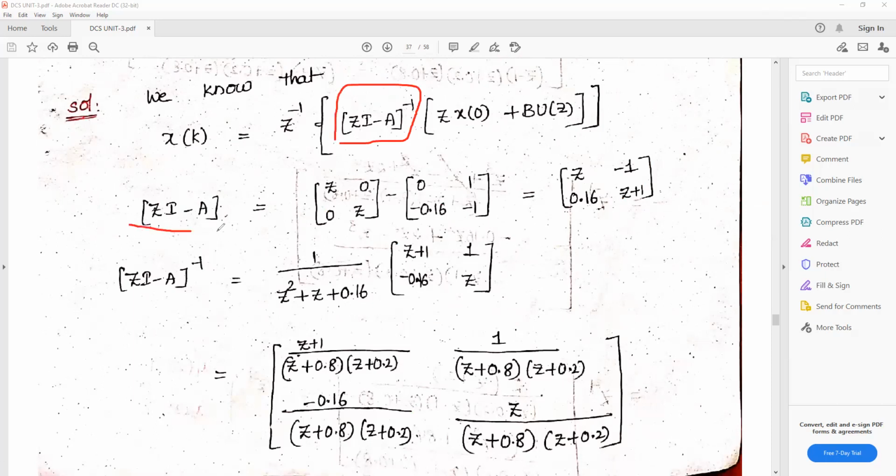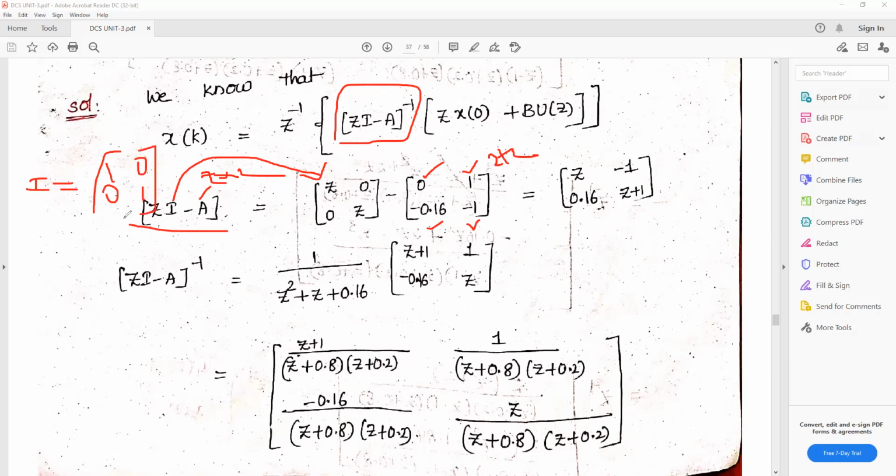First, zI minus A. In the given problem, the A matrix is a 2 by 2 matrix: 0, 1, minus 0.16, minus 1. So the identity matrix is also 2 by 2: 1, 0, 0, 1.